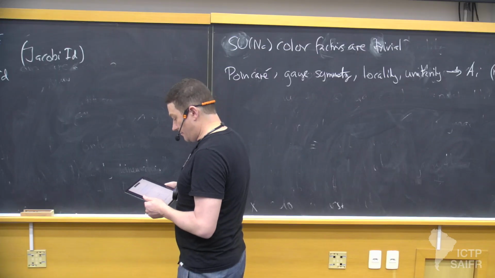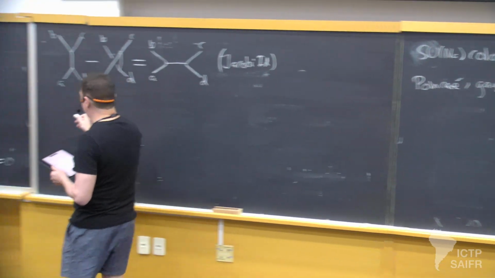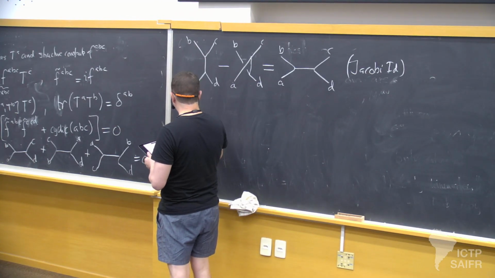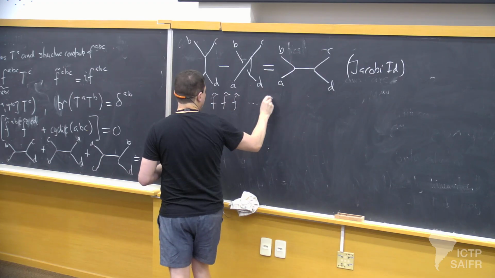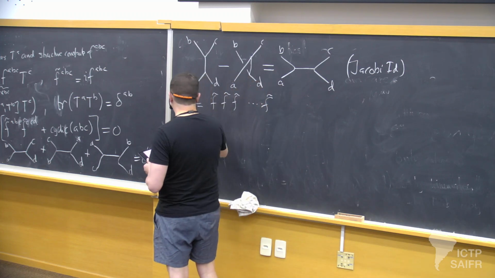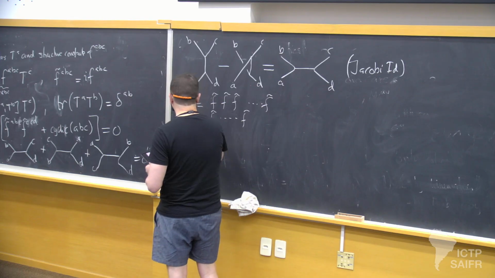And now, as I just said, typically when you do a calculation, you end up with a long list of color factors. Like you have color factor 1, this is a bunch of fs. Let me not write any indices, but basically a long string of fs. Then you do your color factor 2, there's also a long string of fs, and so on, right?